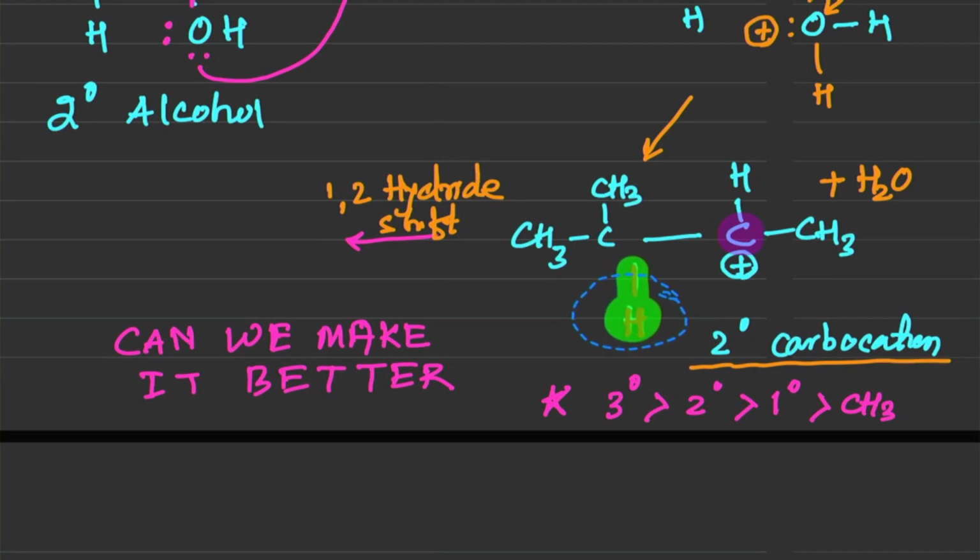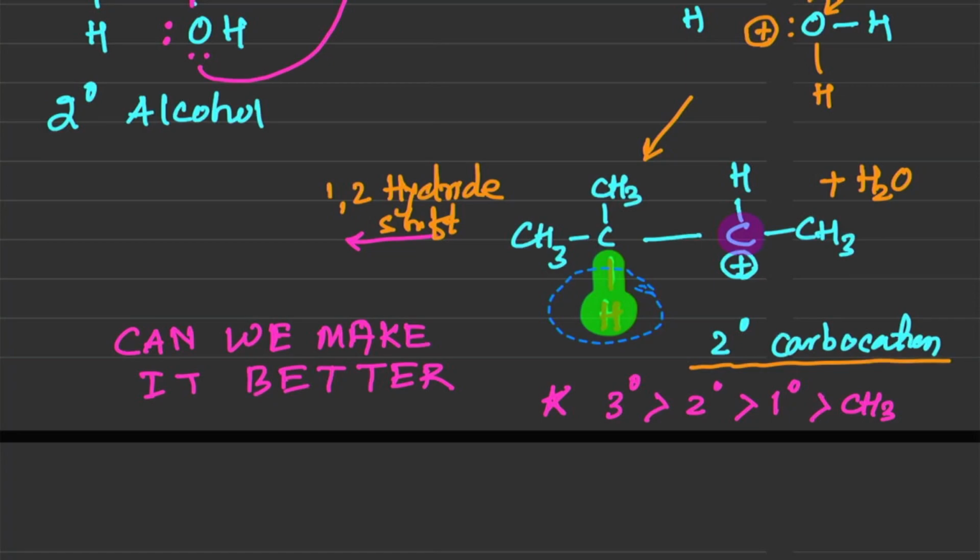It's going to take 2 electrons and move 1 step over. Remember, if the electrons move with the hydrogen, that's a hydride, so it's a hydride shift. It's going to move to here. Now the carbon atom in pink is not going to have a positive charge because it has its octet back again. So this is called a hydride shift.